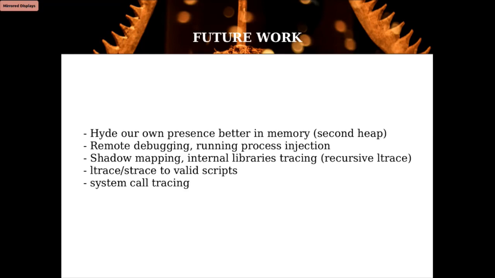So using a secondary heap allocator would allow us to segregate that, and when there is a memory corruption that we trigger in the debugged application, we wouldn't trigger memory corruption inside our own application. So that would be cool. We could do that using ptmalloc itself by defining another arena for the heap, but I think a secondary memory allocator, by linking against another version of ptmalloc or Doug Lea's malloc, would do.